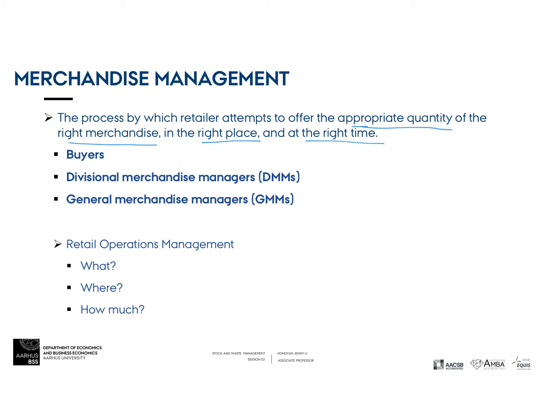Normally the buyers, divisional merchandise manager and the general merchandise manager will be involved. And retailer operations management actually controls what product to allocate, where, and how many units you're going to store in the individual locations in your logistics network.